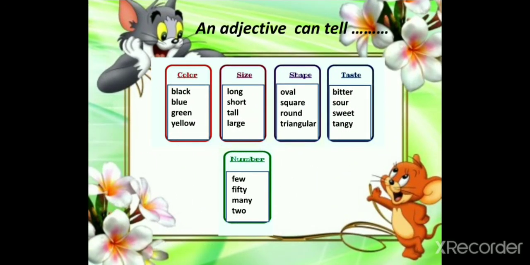An adjective can tell about the color, for example, black, blue, green, yellow; size, for example, long, short, tall, large; shape, for example, oval, square, round, triangular; taste, for example, bitter, sour, sweet, tangy; number, few, many, two, of a noun or a pronoun.